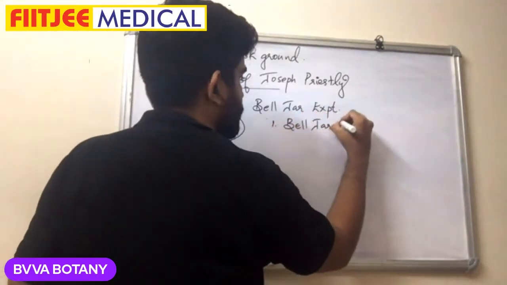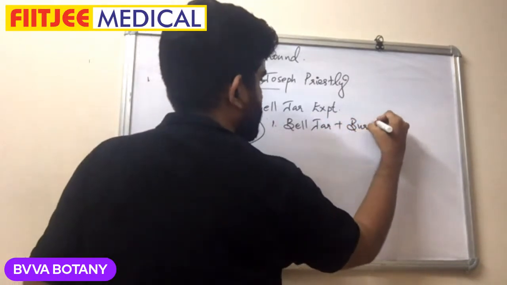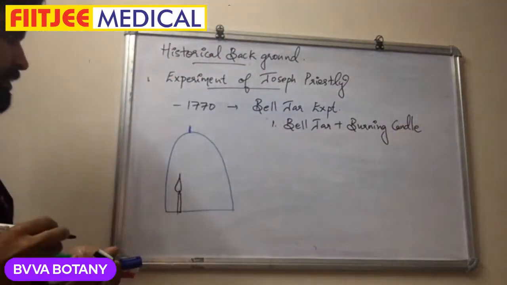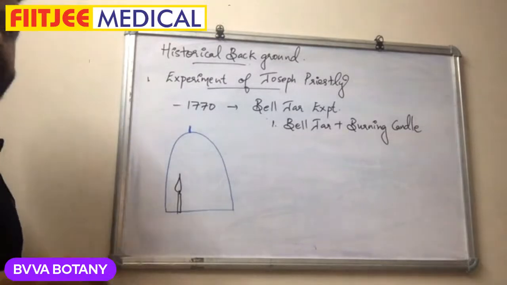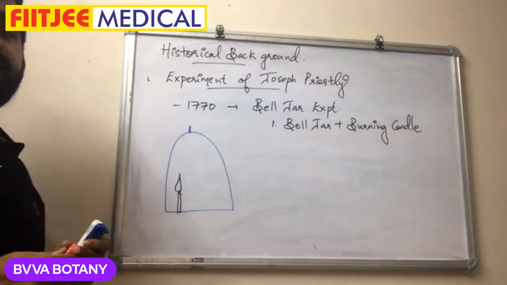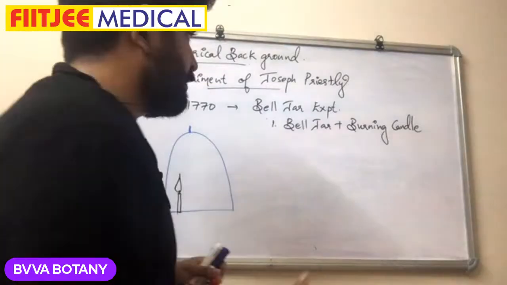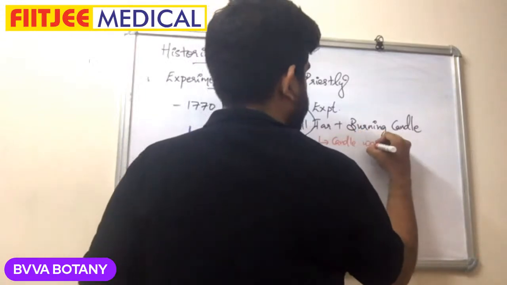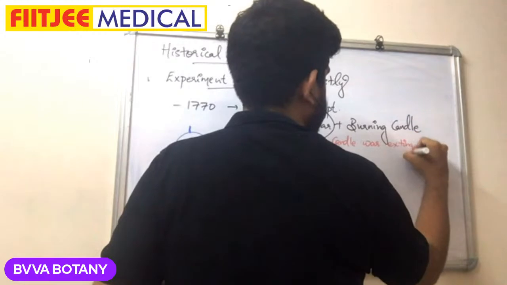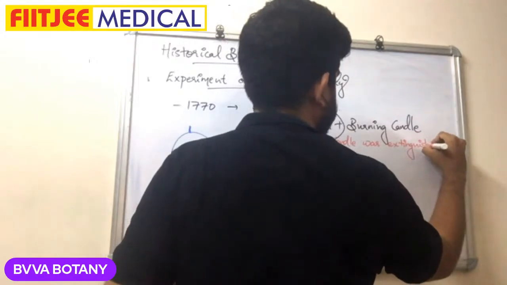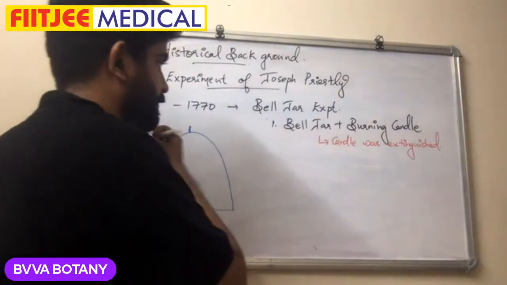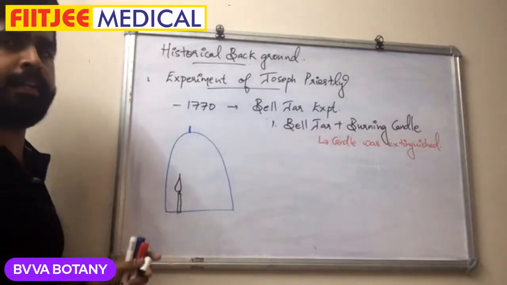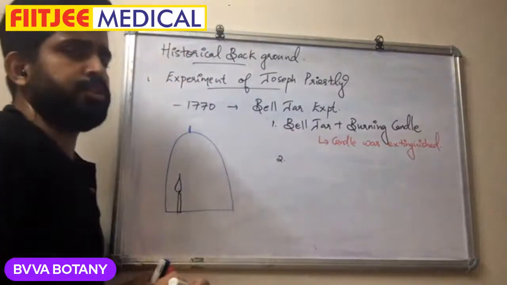After some time, what happened? They found that the candle was extinguished. Now, later, he took another bell jar, and into that bell jar he introduced a mouse.